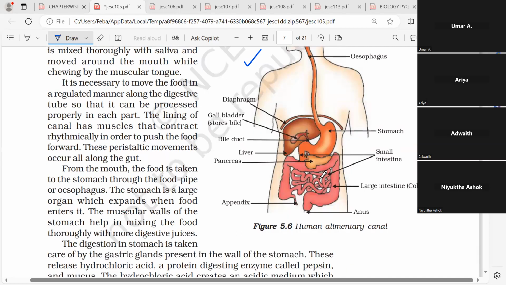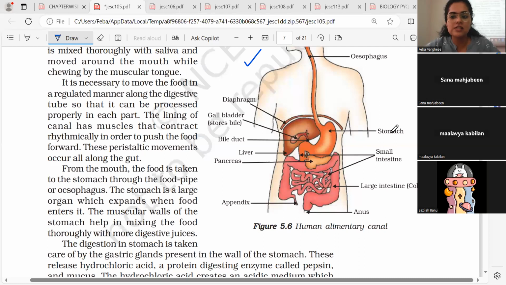The small intestine helped in digestion. Now, what will happen, guys? The digested food has to be absorbed into our bloodstream. How is this absorption happening? Which are the structures present in your small intestine that help in absorption of digested food materials? Villi. Yes, finger-like projections called villi. How are they adapted to perform this function?